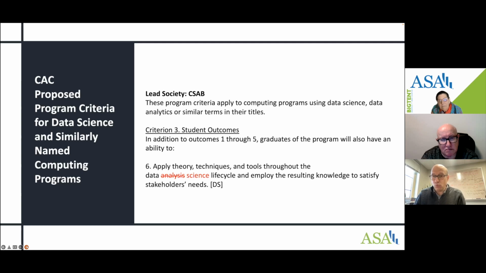CSAB has been wonderful about soliciting our advice as an association and listening very carefully to the statistical experts who have thought about data science long and hard. They've really tried to incorporate our input into these criteria. And one of the comments that was made early on was that data analysis should be replaced by data science. And so you'll see that reflected in several places here.